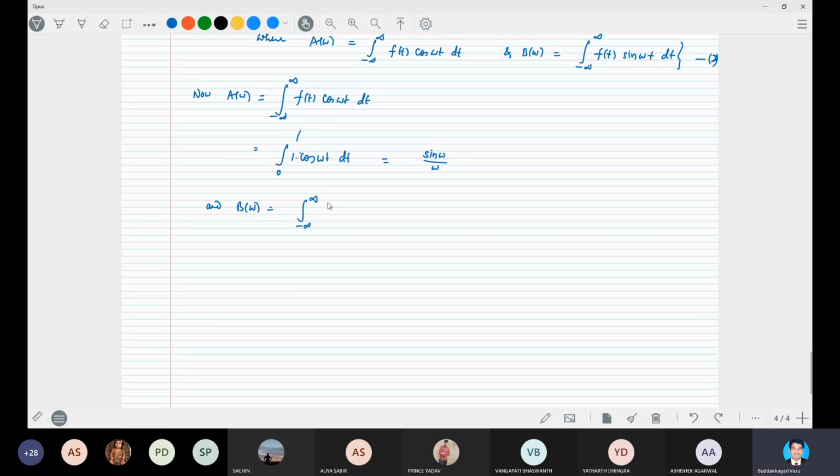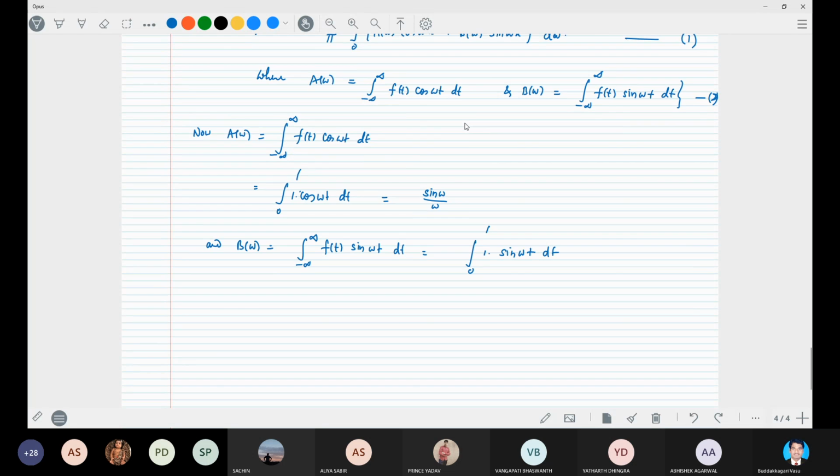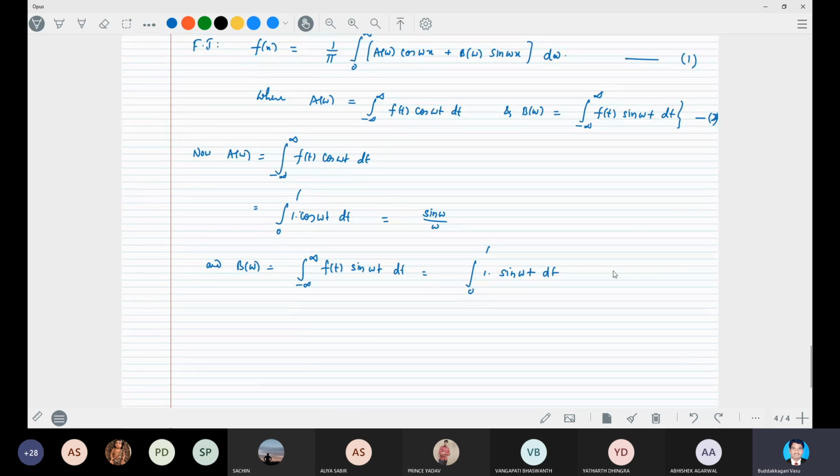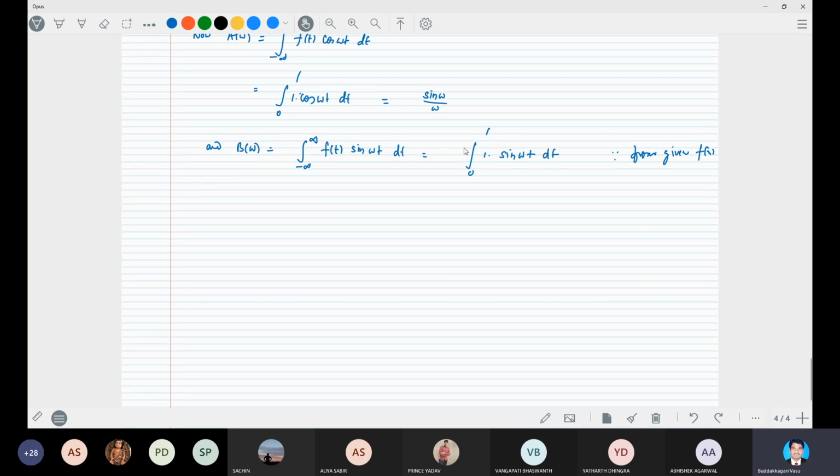And the b value. Integral from minus infinity to infinity of f(t) sin omega t dt. It is also the integral from 0 to 1 of 1 into sin omega t dt. In any other interval, f(t) is 0, since from the given function f(x) it is so.